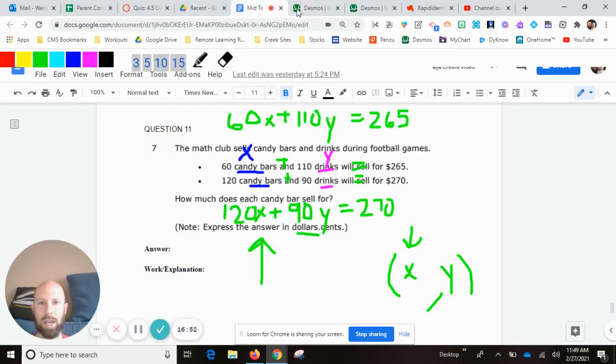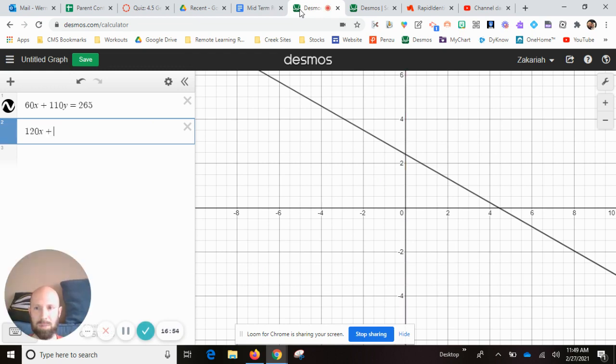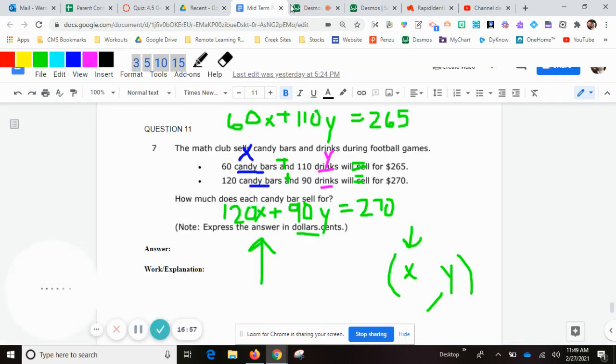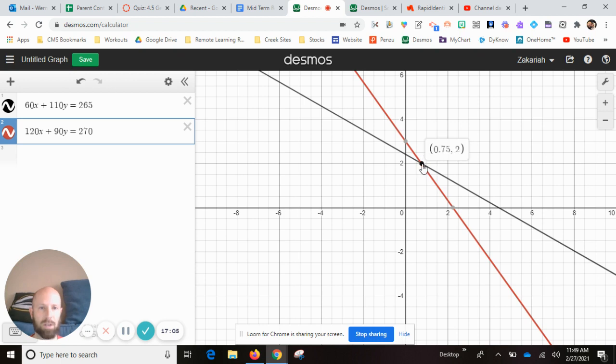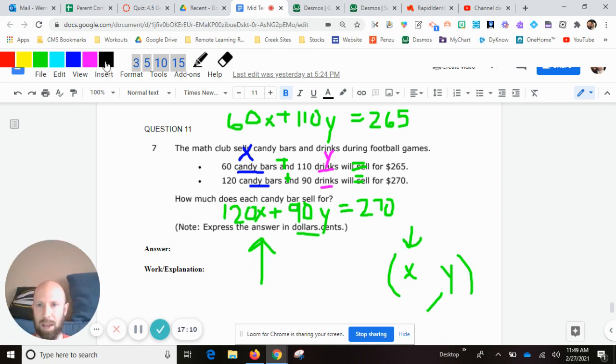Second equation, 120X plus 90Y equals 270. They cross right there. They cross at 0.75 and 2. Again, this wants the X. It wants it in dollars and cents, so $0.75 is how much each candy bar is going to cost.